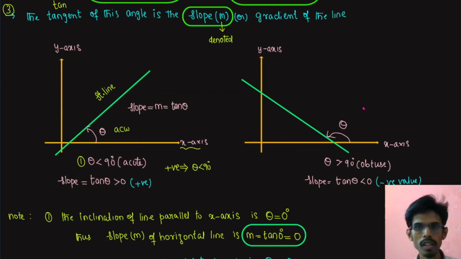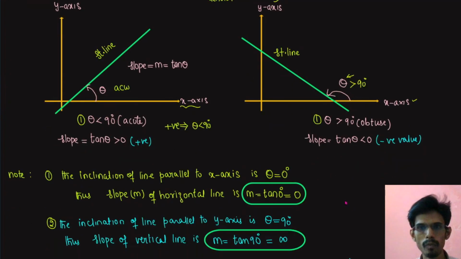Similarly, see here we have this straight line intercepted between the coordinate axis, that is x-axis and y-axis. Now here this angle theta is called inclination, and this theta is greater than 90 degree, that is called obtuse angle. So slope is tan theta.